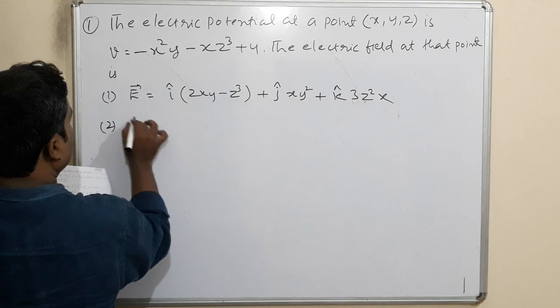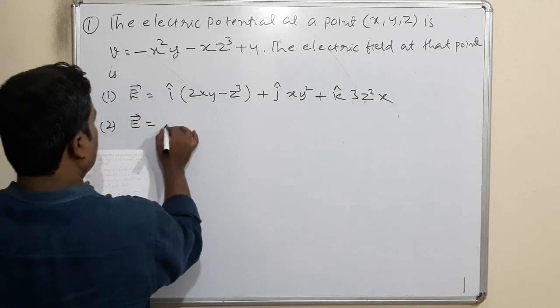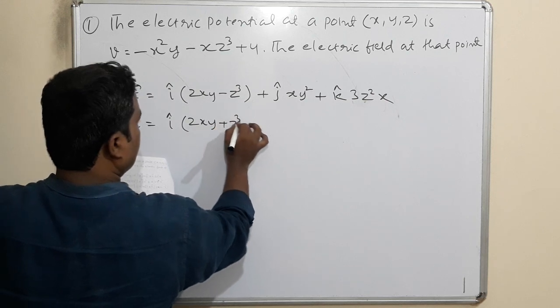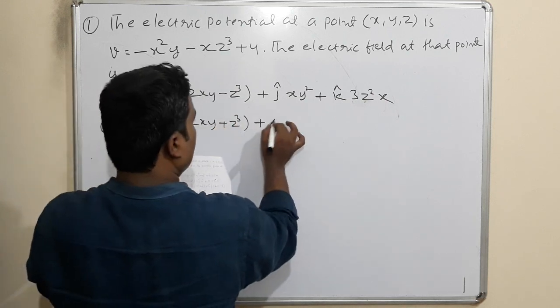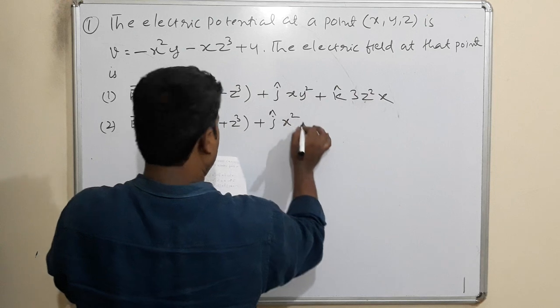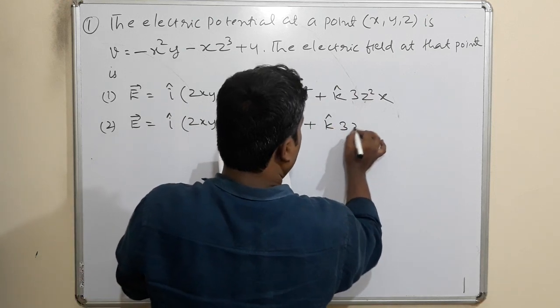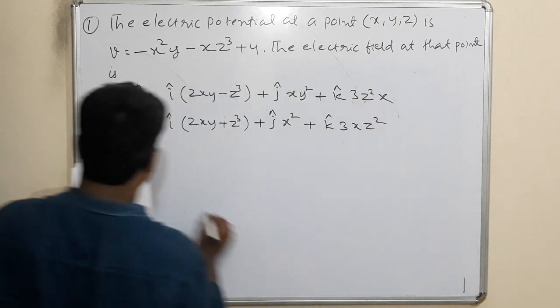Second option: E is equal to i cap (2xy plus z cube) plus j cap x square plus k cap 3xz square.